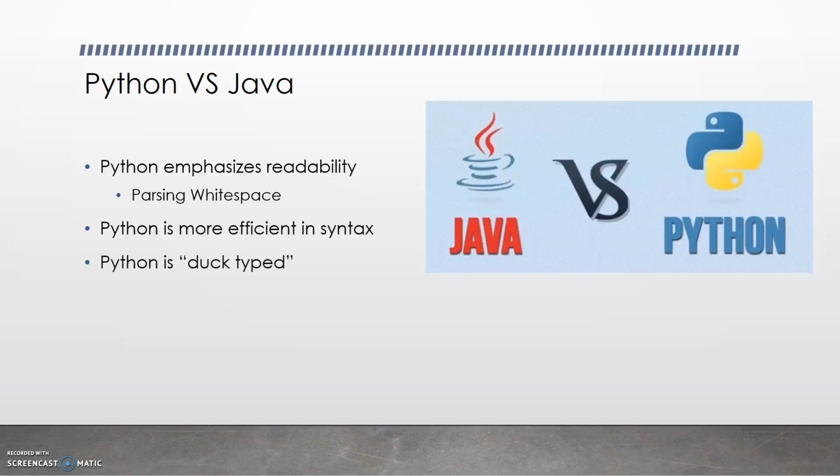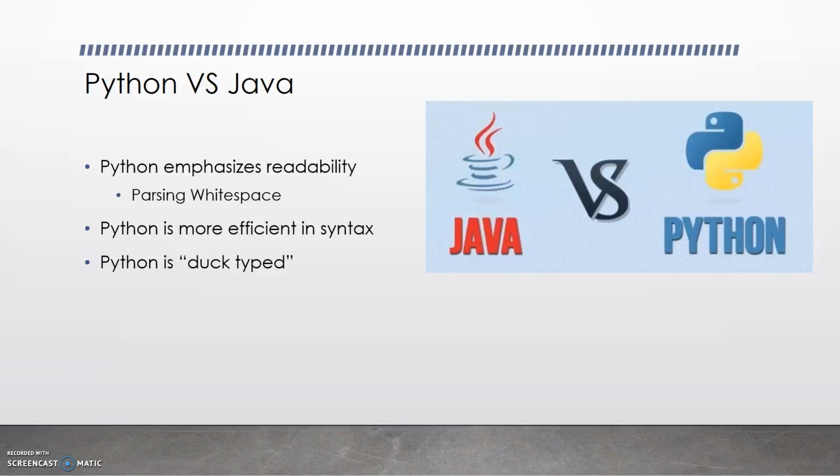Also, Python is something called duck-typed. What duck-typed means essentially is there are no variable types in Python. In Java, there are ints, booleans, things like that. But in Python, yes, those exist, but you do not have to explicitly tell the program or PyCharm whether the variable is an integer or a string, because it finds that out by itself.